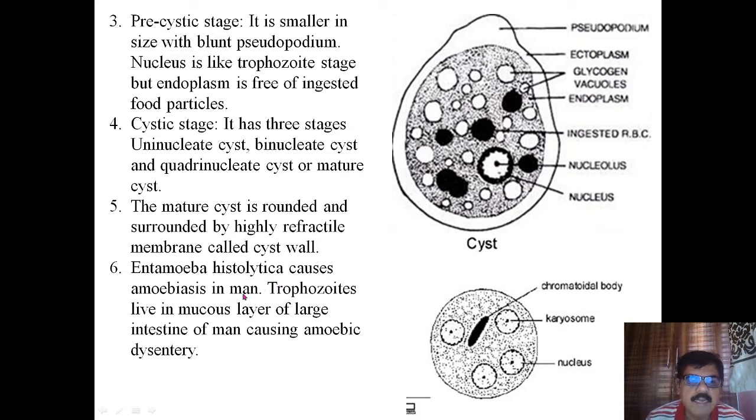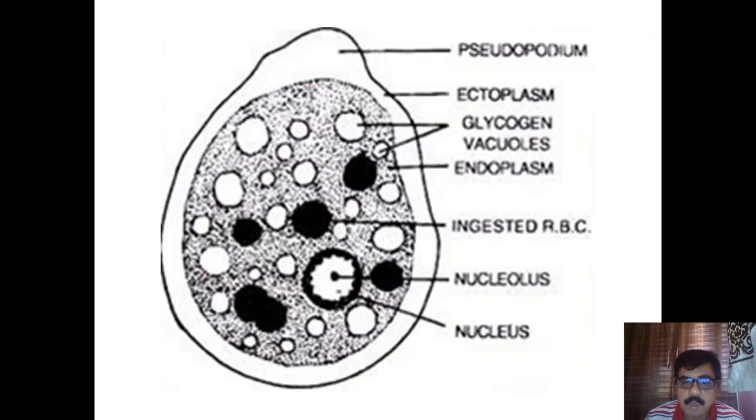Trophozoites live in the mucus layer of the large intestine, and it causes a disease called amoebiosis, or it is also called amoebic dysentery. So these are the characteristic features of this Entamoeba histolytica. This is the diagram that you have to draw in your practical record.